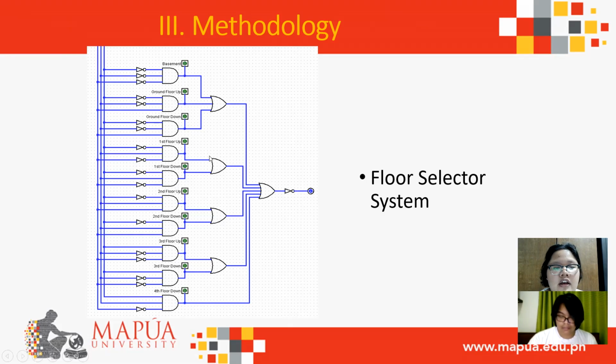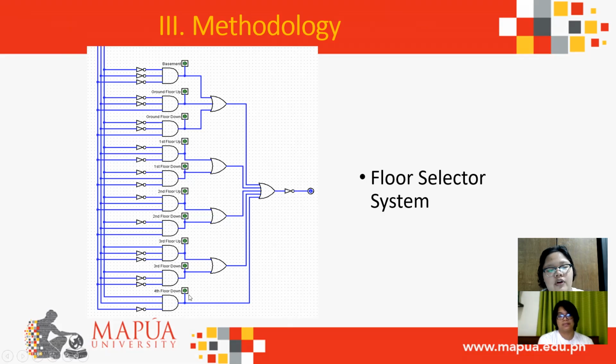Next is the next part of the OR gate, which is connected having 2 AND gates, which is the first floor for going up and going down to the ground floor. So for going up to the second floor, we use the same also for the first floor and also for the third floor.